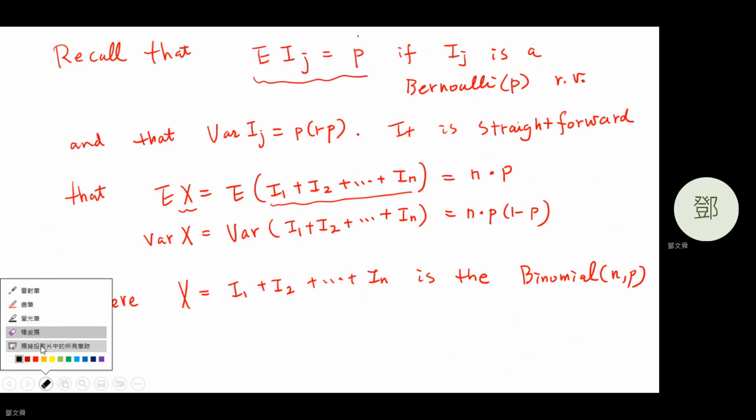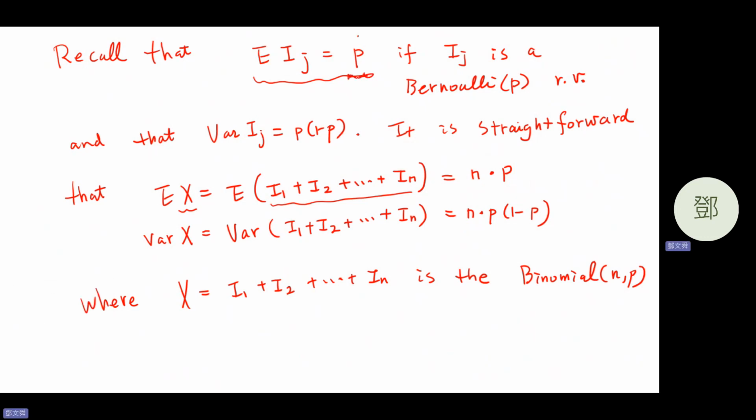Each one has this expectation and this variance. So the expectation of n such Bernoulli trials is n times p. The variance of n such Bernoulli random variables is n times the variance of a single one. Okay?